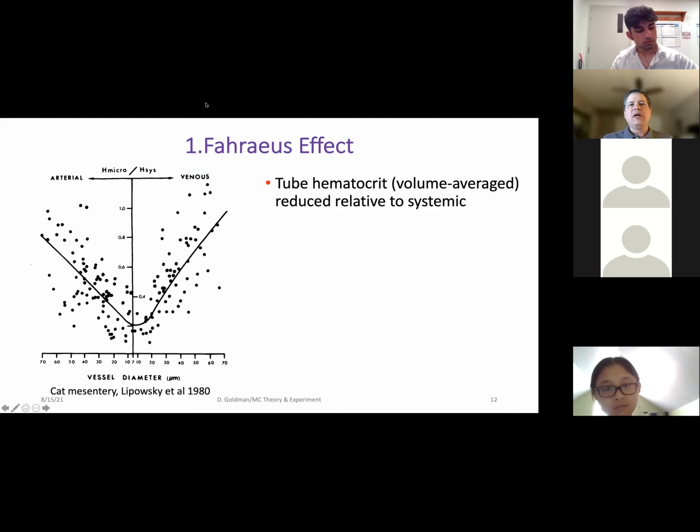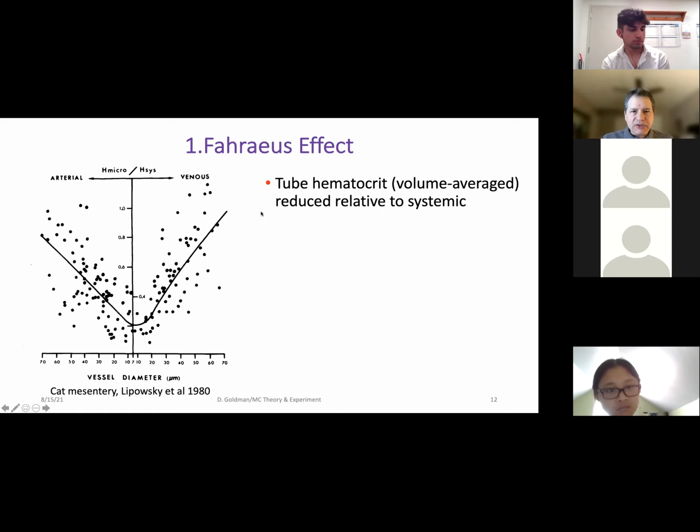Okay, so the first thing I'm going to talk about is called the Fahraeus effect. So this has to do with the fact that hematocrit actually decreases in the microcirculation. So tube hematocrit is volume average. So you just take a snapshot of all the blood in a vessel, some of it's plasma, some of it's red cells. The red cell fraction is the tube hematocrit, okay?